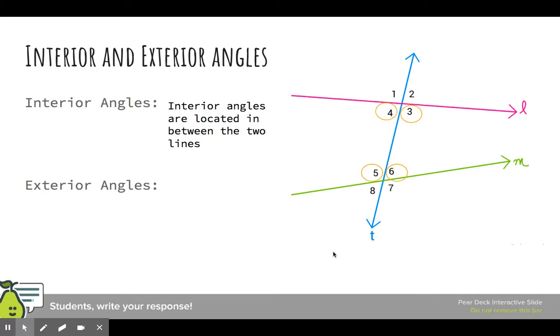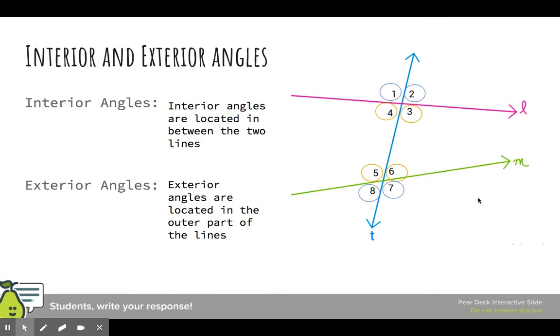So they're going to be outside, right? Again, they're going to be located in the outer part of the lines. So outside of the lines L and M. So they're going to be angles 1, 2, 7, and 8. So the exterior angles are those indicated by the blue, and the interior angles are those indicated by the yellow.